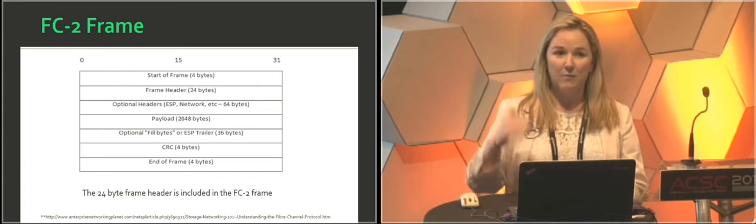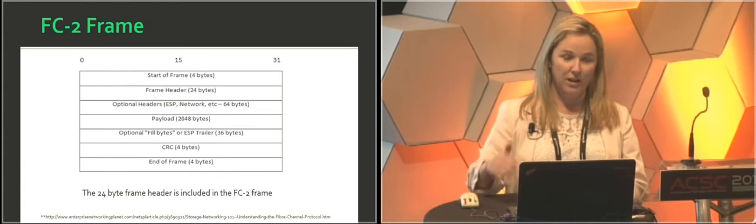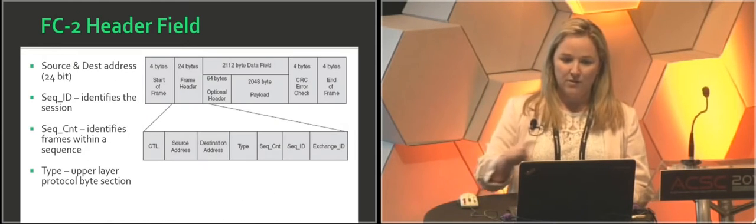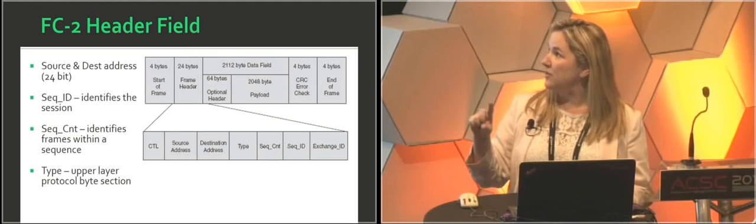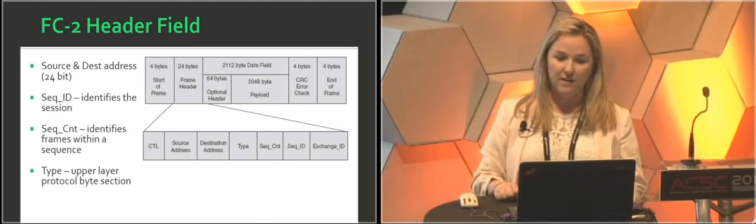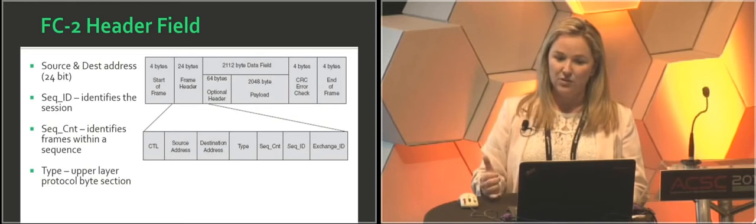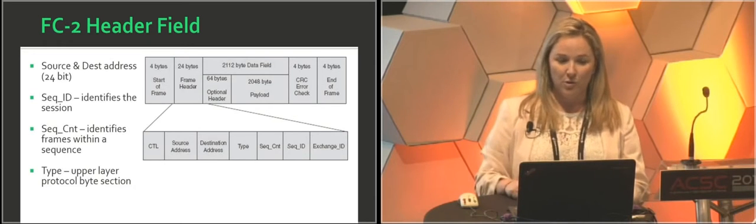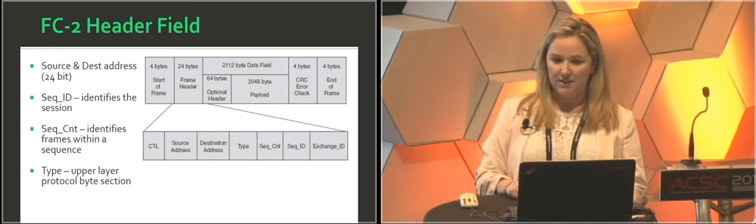Looking a bit deeper at the FC2 frame, the main components are the start of frame, the frame header, the payload, the CRC, and then the end of frame. Within this, the frame header is the component you want to look at more closely, because most of the data and control of fibre channel is in that. Along the top there is the FC2 frame, and it's enlarged to show the header fields.